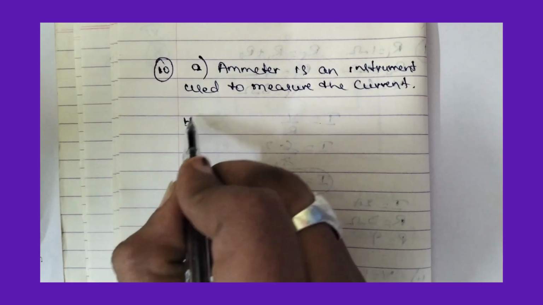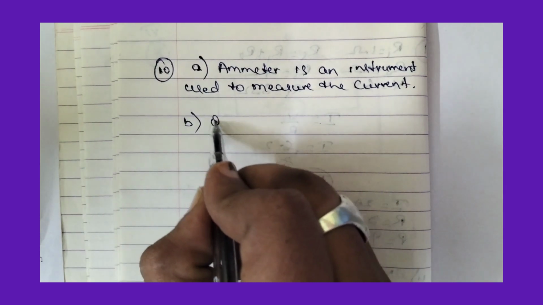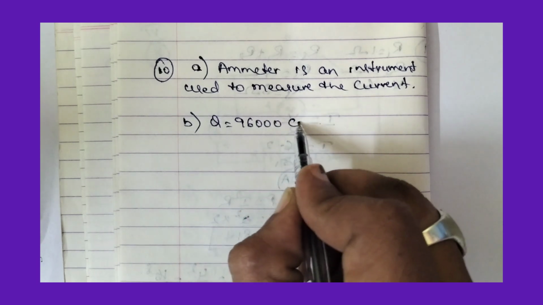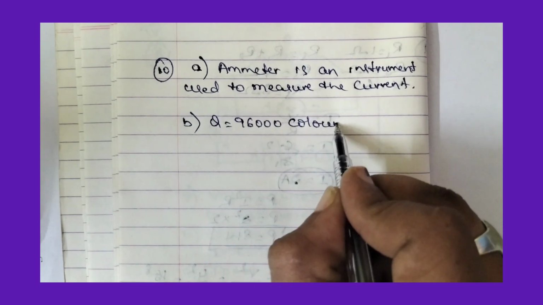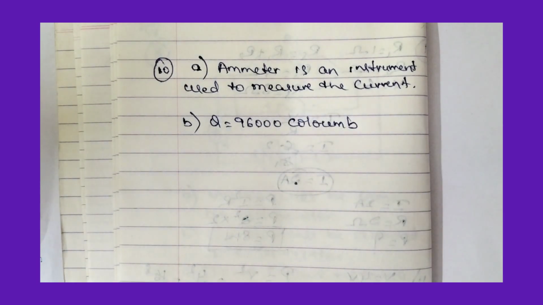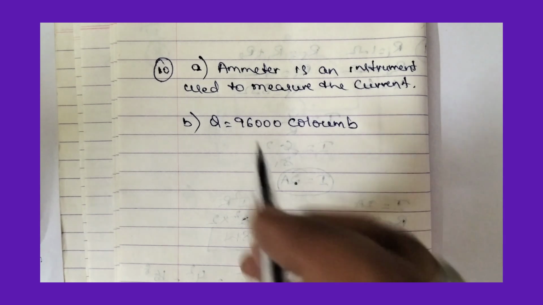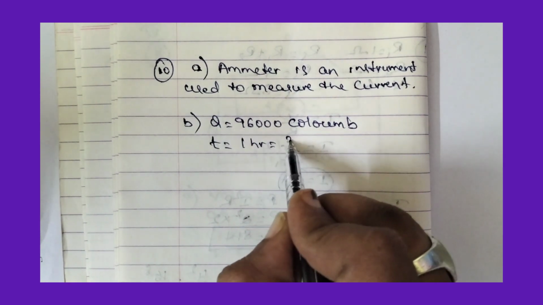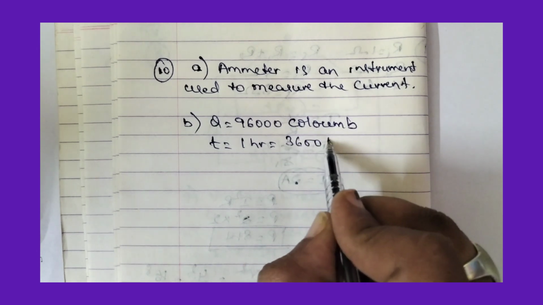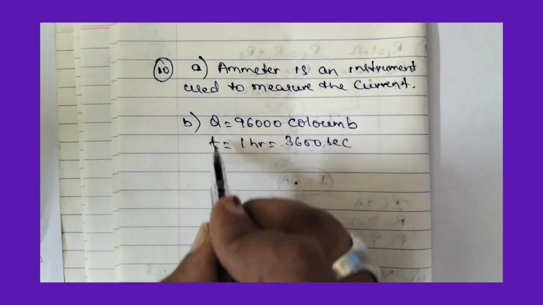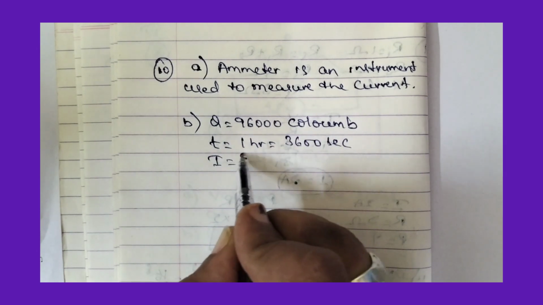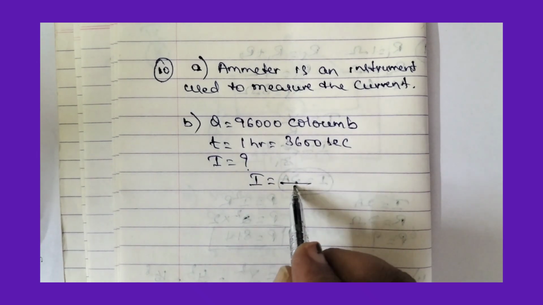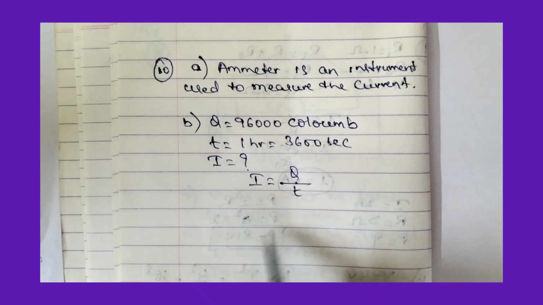Next, in the part B question, the charge is given, Q, 96,000 coulomb. So charge given is 96,000 coulomb. Then time is given as 1 hour, which is equal to 3,600 seconds. Q given, T given. Let us find out I. So I is equal to, current is the rate of flow of charge.